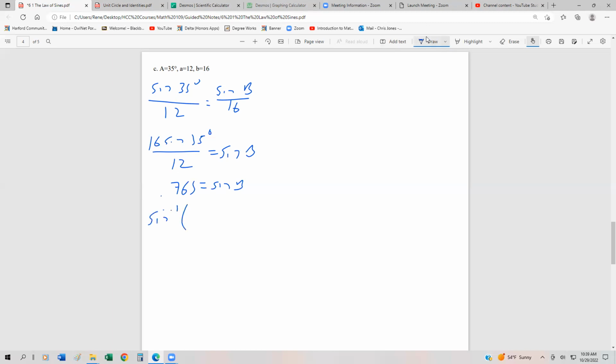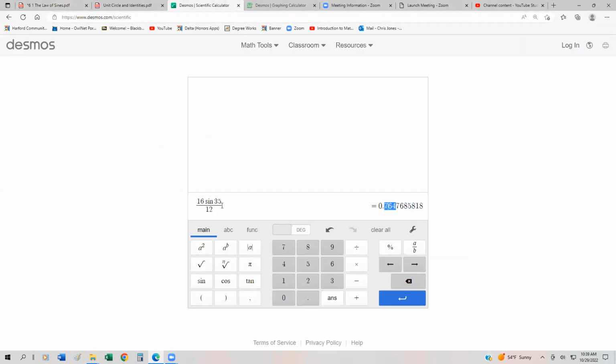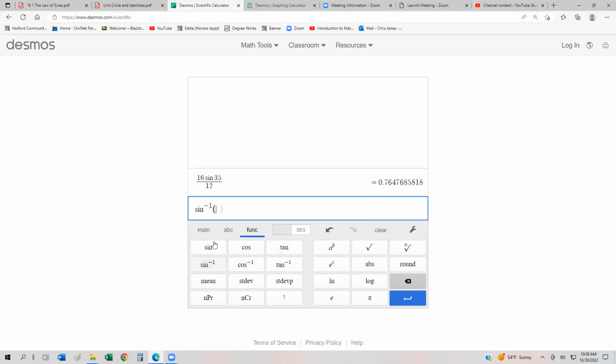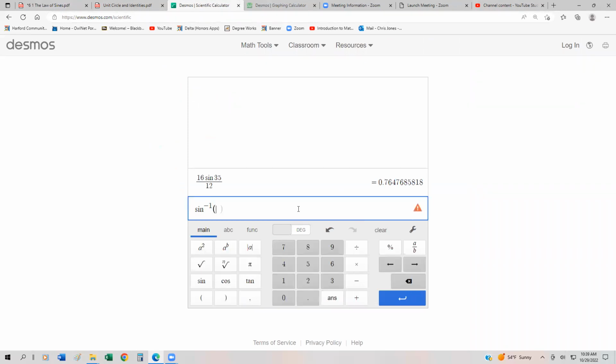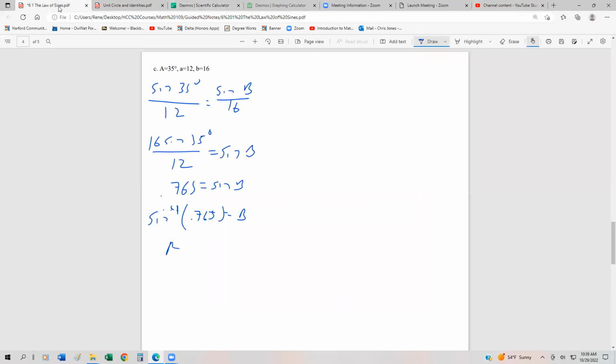So the inverse sine of 0.765 is going to be equal to B. If we go into our calculator and find the inverse sine of this number, 0.765, making sure that we're in degree mode, we get 49.9. Okay, so B is equal to 49.9 degrees.